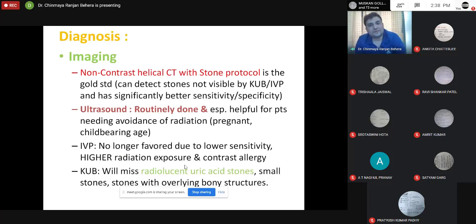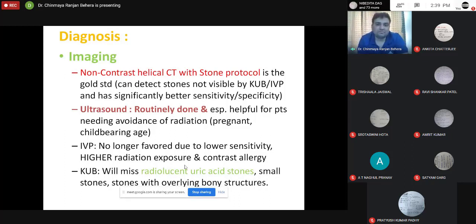The specific investigation for ureteric calculus is a non-contrast helical CT. Ultrasound is done routinely as a routine investigation. Sometimes ultrasound might miss the stones, but the investigation of choice is non-contrast CT of the abdomen.